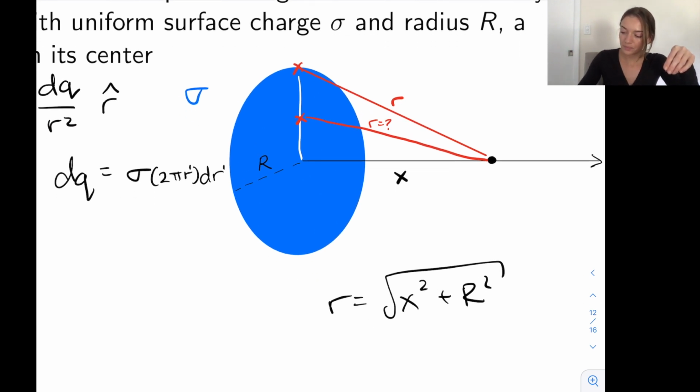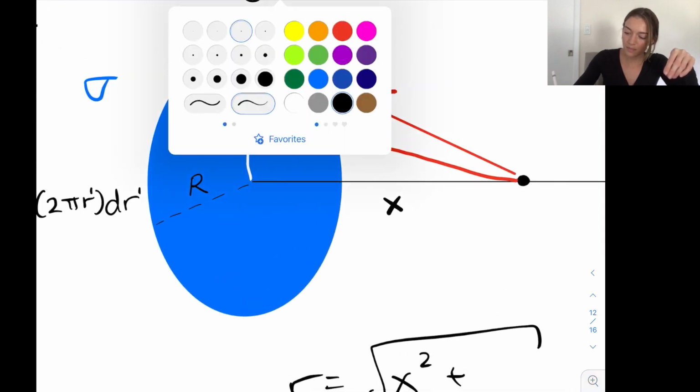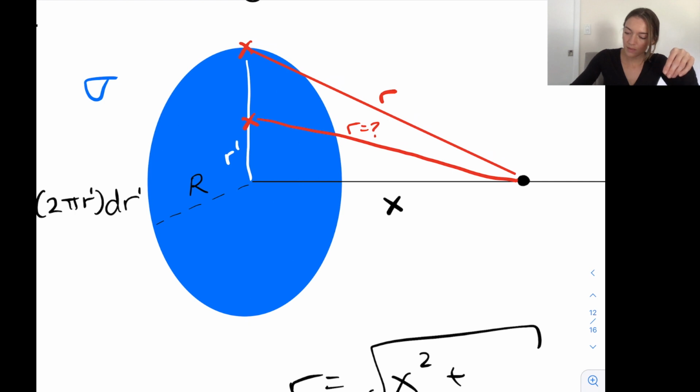So from any point on my disk, this distance r will just be the square root of x squared plus this length here, r prime squared.